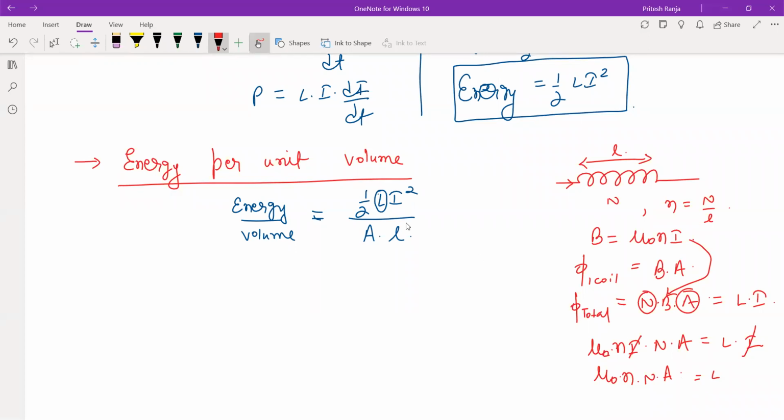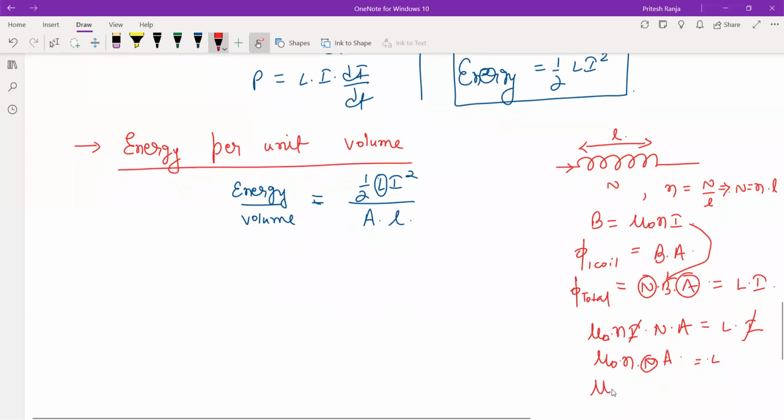So let us put it here. Here we have A into l. Let us write the expression of N in terms of n into l. So this N we can write as n into l.